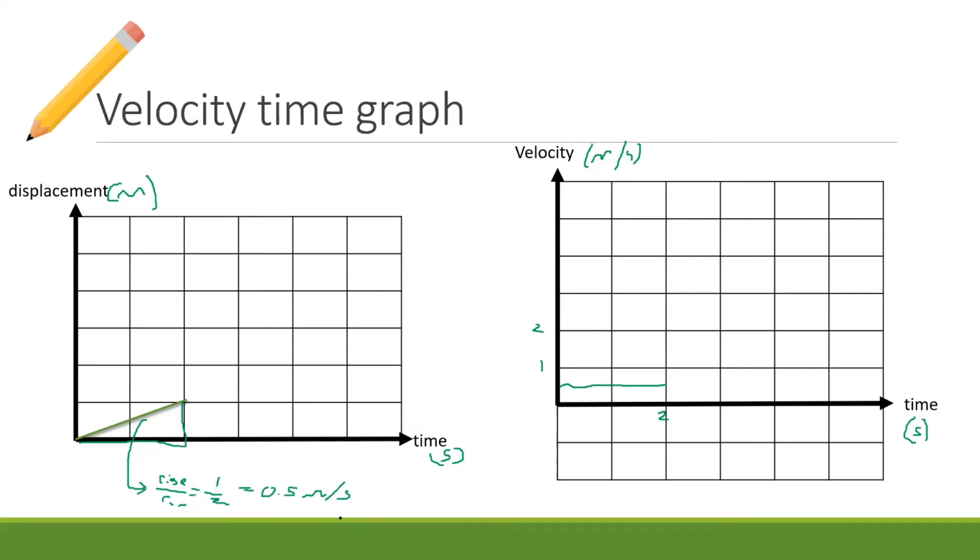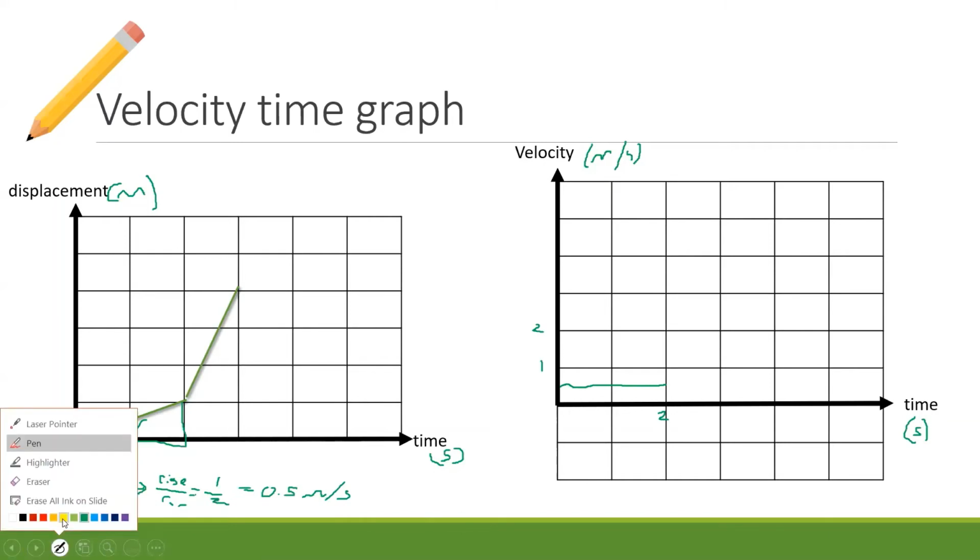Let's add something else to this graph. Let's add this line here. Can I get you guys to add this new line here? It goes up and across. So I'll get you to add that there. Okay. Once you've done that, let's do the maths. What do the maths of this one look like?